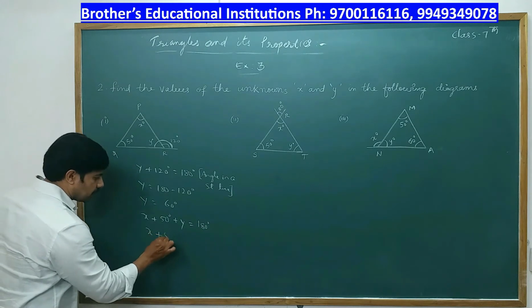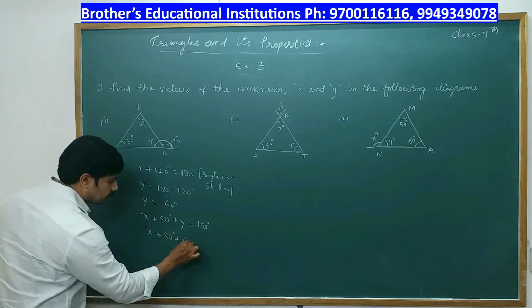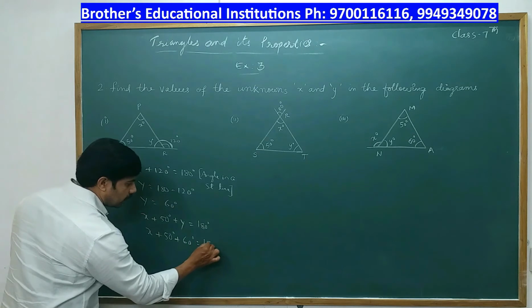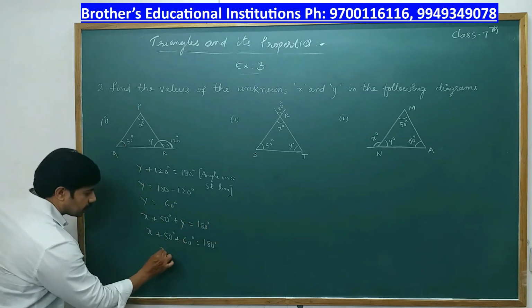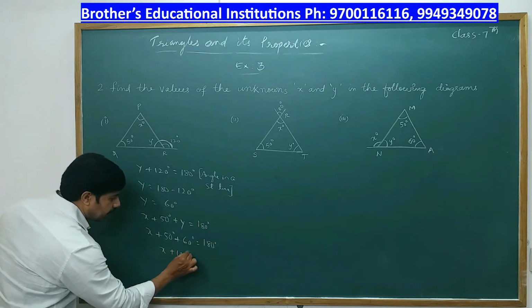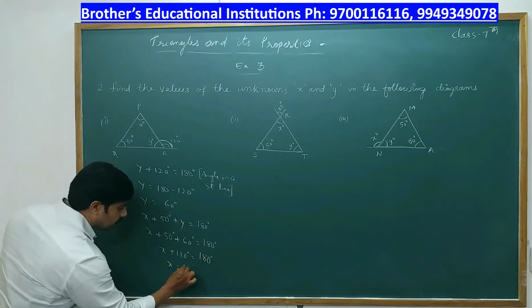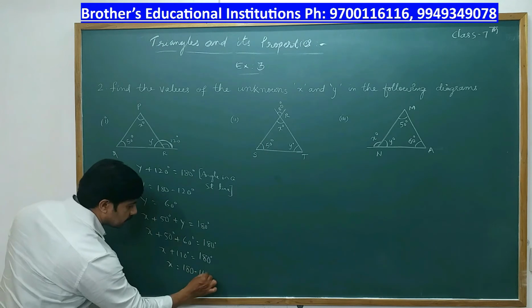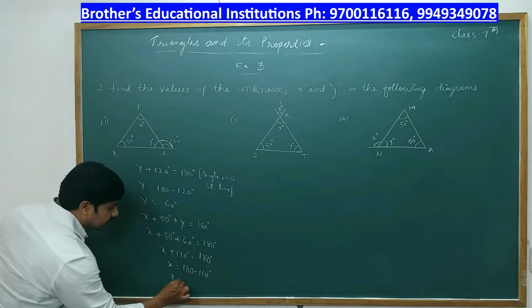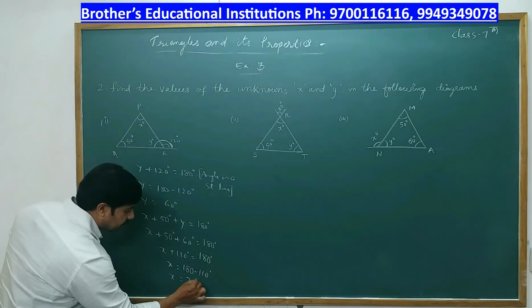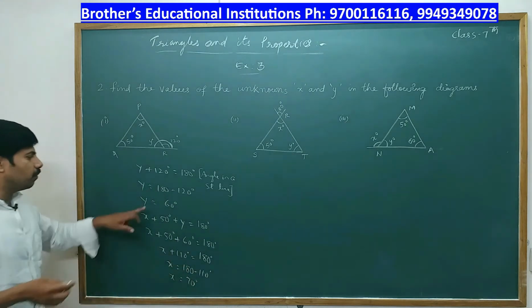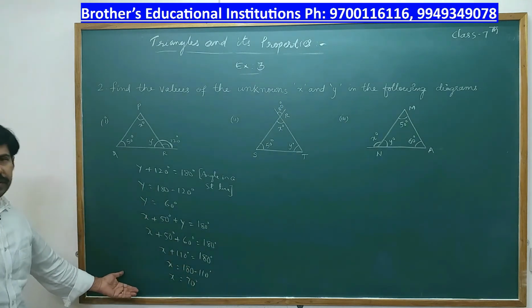So x plus 50 degrees plus 60 degrees is equal to 180 degrees. So x plus 110 degrees is equal to 180 degrees. So x is equal to 180 minus 110. So x is clearly 70 degrees. So therefore y is 60 and x is 70 degrees.